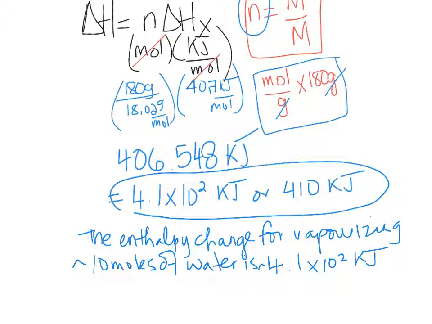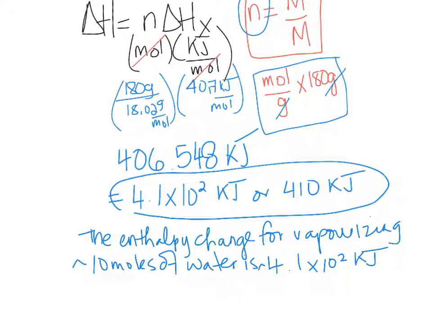What would be the enthalpy change for condensing approximately 10 moles of water? It would be negative 410 kilojoules because it is the reverse process, same amount. So you don't have to do another calculation.